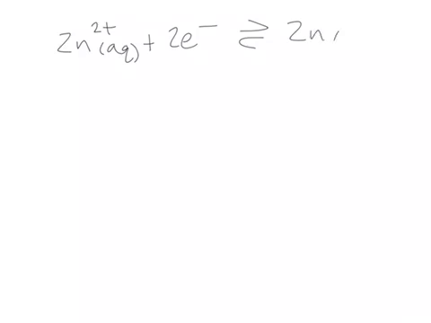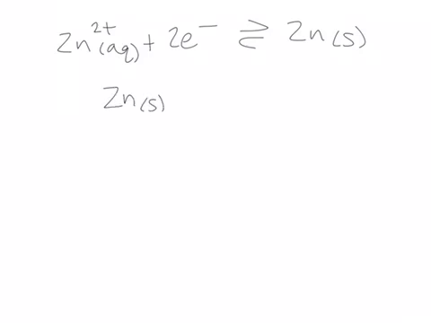Just to finish off, we'll consider how we would write the convention for this particular half cell. Now, when we were looking at zinc in an aqueous solution, and we were considering the half cell where it's in equilibrium with solid zinc and a solution of its zinc ions, it was relatively straightforward.